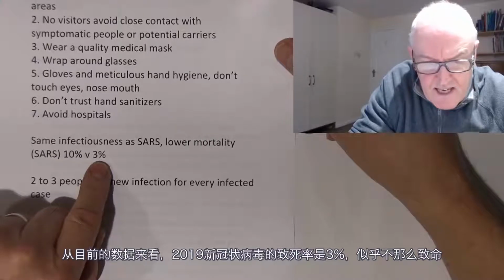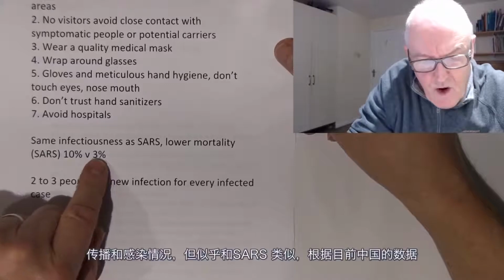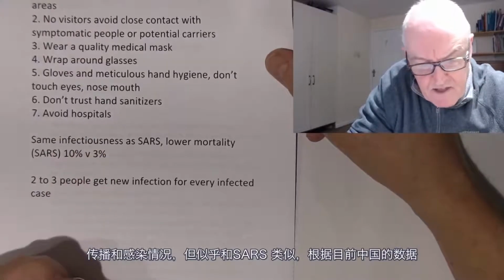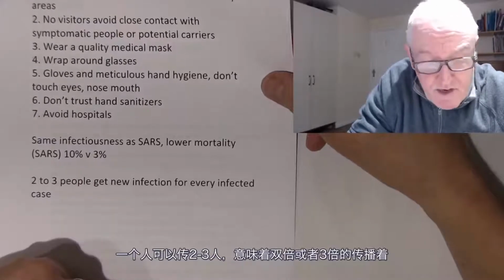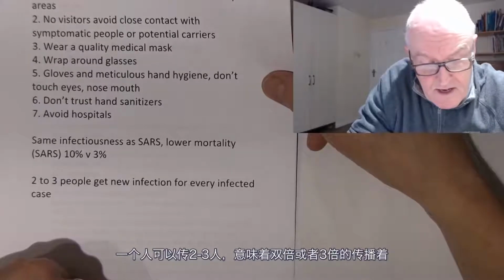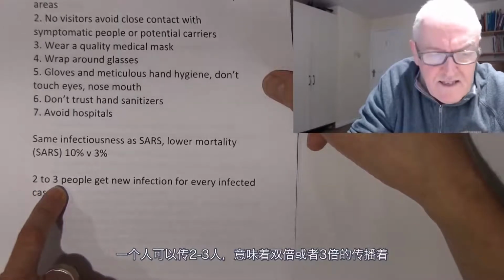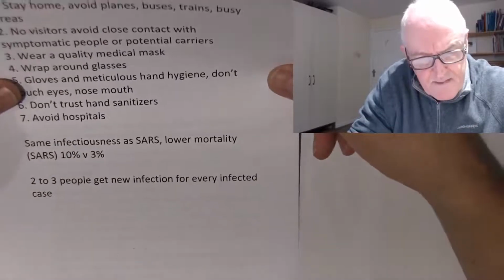So it's looking like a less virulent virus, but we're not sure quite how infectious and transmissible it is. It looks like it's going to be about the same as the SARS virus. And so far from the Chinese data, 2 to 3 people have been getting infections for every infected case. So that means the incidence, the number of new cases, is doubling and tripling.